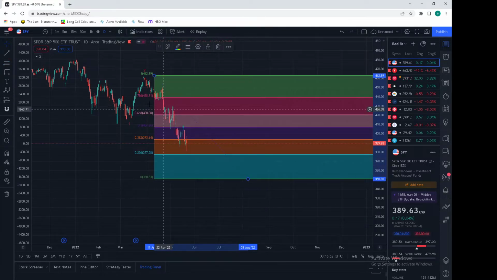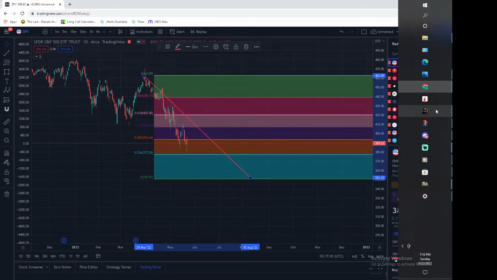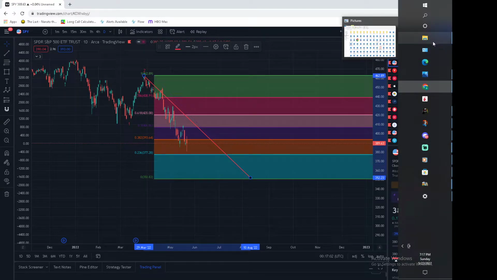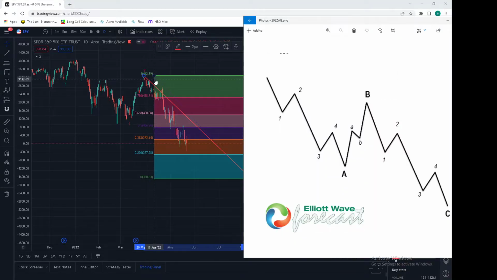We can go down to 350 without invalidating the wave count. And this could all just be one massive wave 3 down, which would come in a smaller form like a macro wave. So we're in a massive zigzag all the way down.